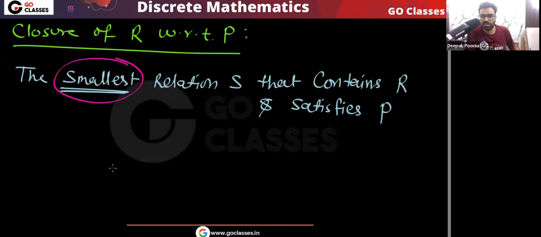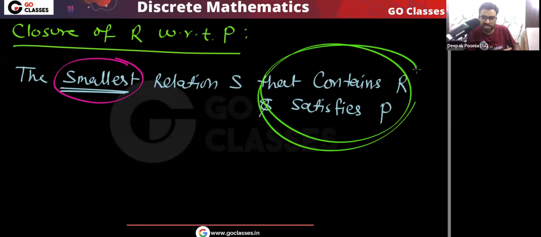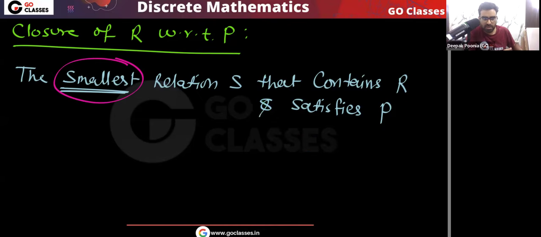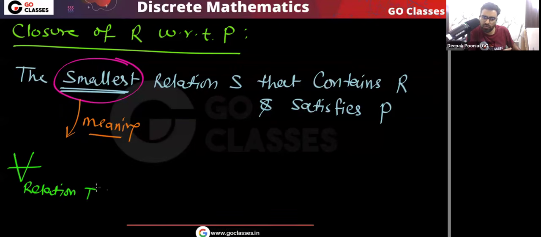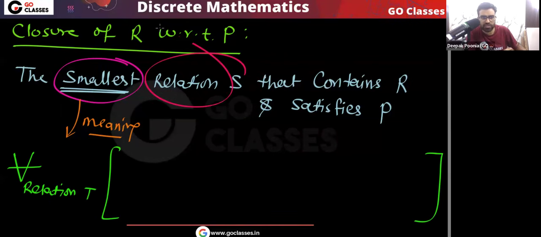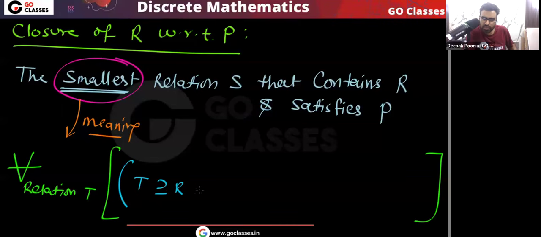The meaning of smallest is that if you can make any relation which has these two properties, then that must be a superset of S. So the meaning of smallest is that for all the relations T which have these two properties, that T contains R, meaning T is a superset of R, and T satisfies P, this T must be a superset of S.